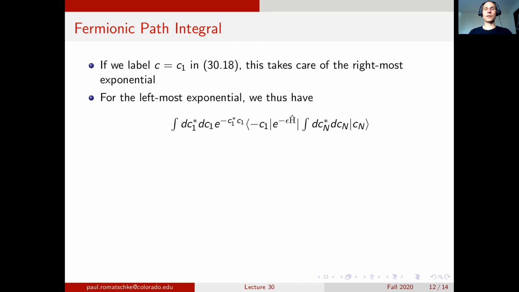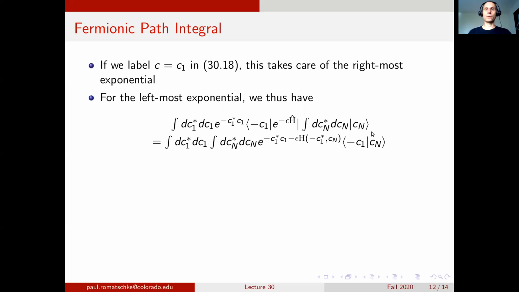For the leftmost exponential, we have the following object to consider. We have the integral over C1 weighted with the Gaussian times the expectation value of minus C1 e to the minus epsilon h, and the integration over the insertion Cn with respect to the coherent state Cn.